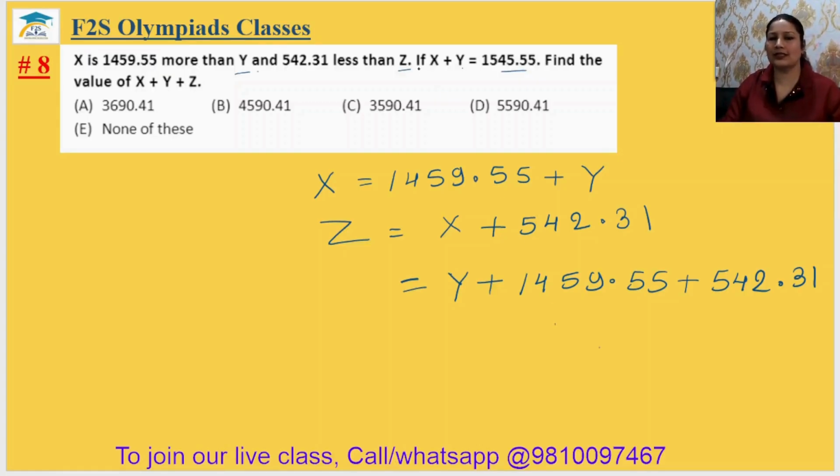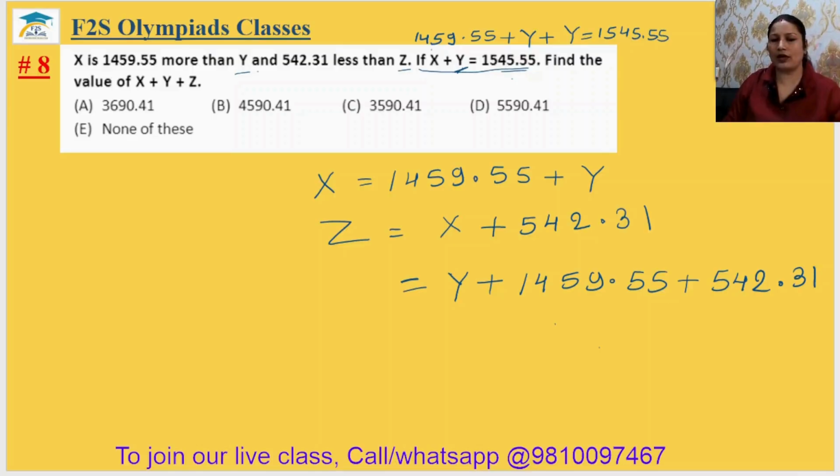Now using this expression, X plus Y equal to this. X can be written here as, I am writing here only due to less space, 1459.55 plus Y and again plus Y, equal to 1545.55.